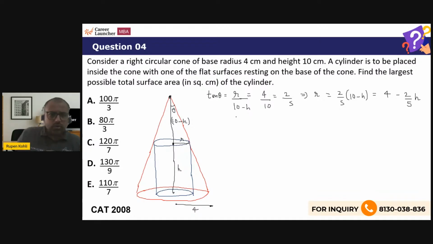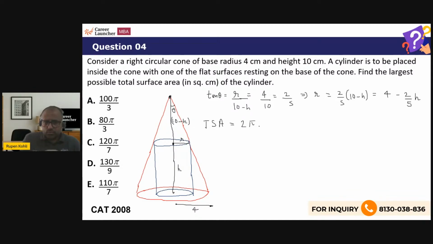Now we need to define the total surface area of the cylinder in terms of its parameters, which, we know, is 2 pi r h plus 2 pi r square. The curved surface area is 2 pi r h, plus the top and the bottom, both pi r square.